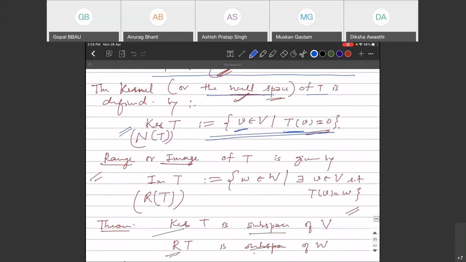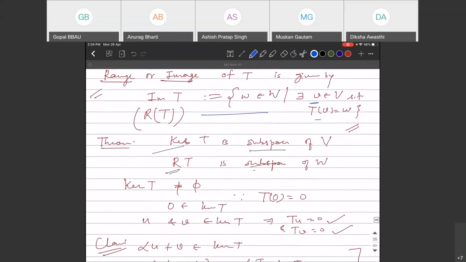Then the range space is nothing but the image of T, defined like this: all those vectors w in W such that there is some vector v in V with T(v) equal to w.